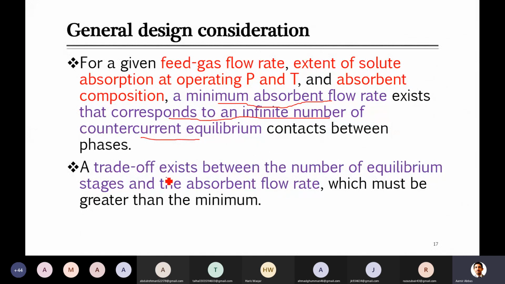So later on when we design it, we go for some trade-off. Trade-off means if we increase the flow rate above the minimum, then the number of trays will start decreasing, and you reach some agreement where, as you increase the flow rate above the minimum, your plates decrease from the infinite number.